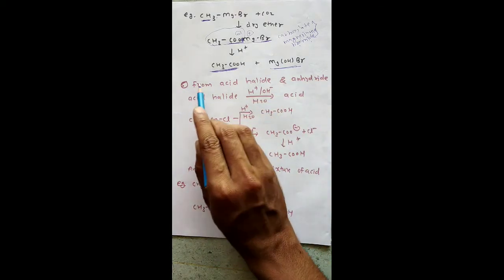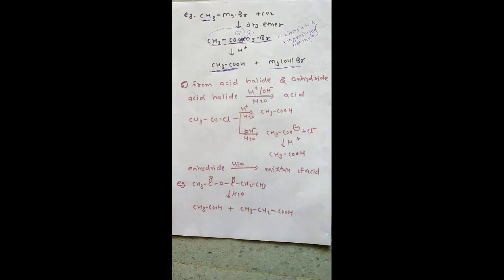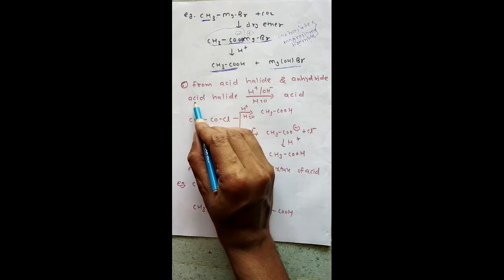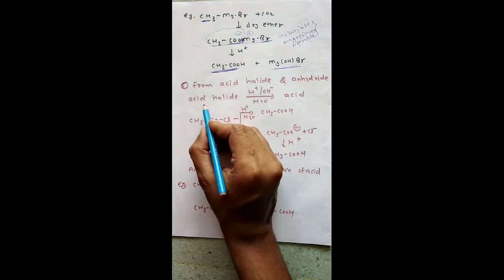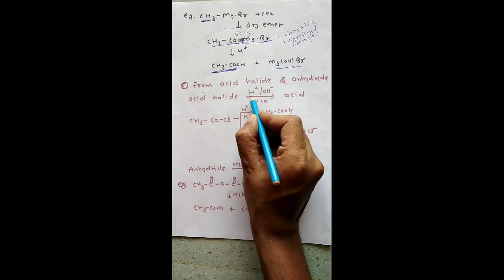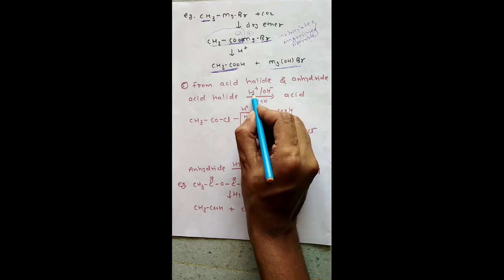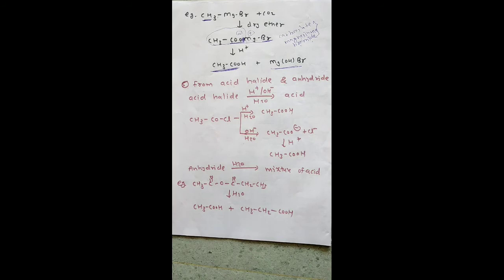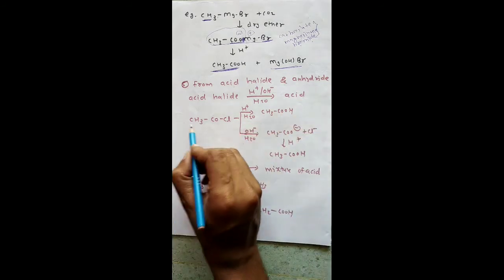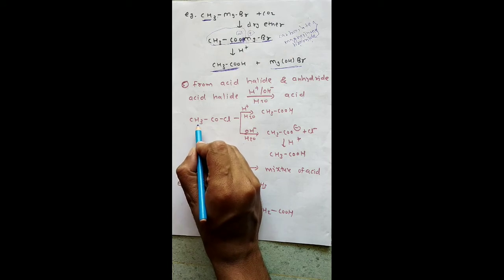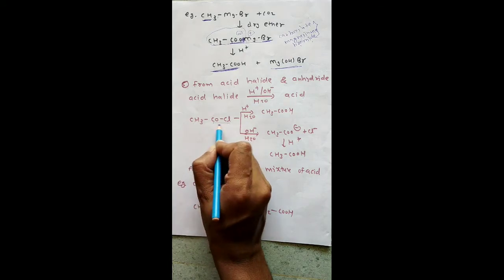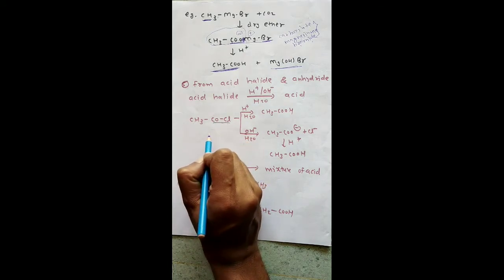The fifth one, from acid halide and anhydride. Now acid halide means COCl. When acid halide undergoes hydrolysis in presence of H plus or OH minus, acidic or basic medium, it gives us acid. Look at the example here. This one is our COCl, meaning acid chloride.